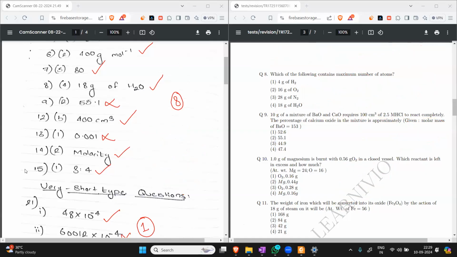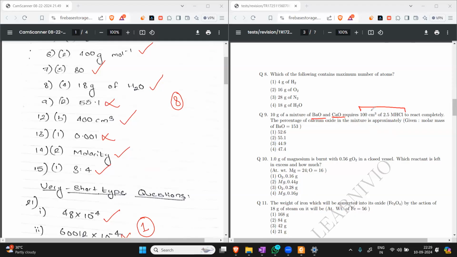The answer for this would be 55.1, आपने किया ना.